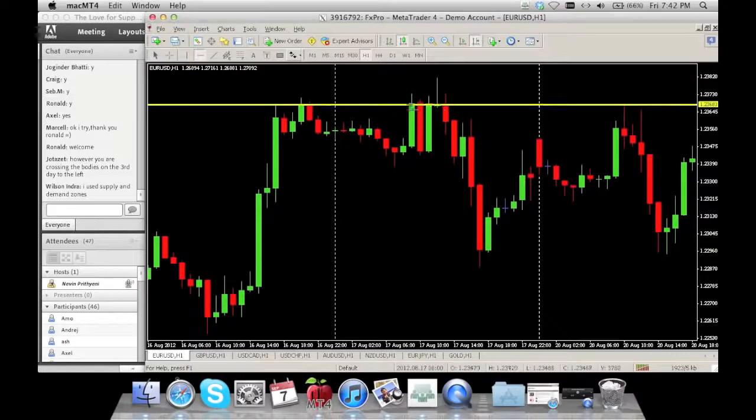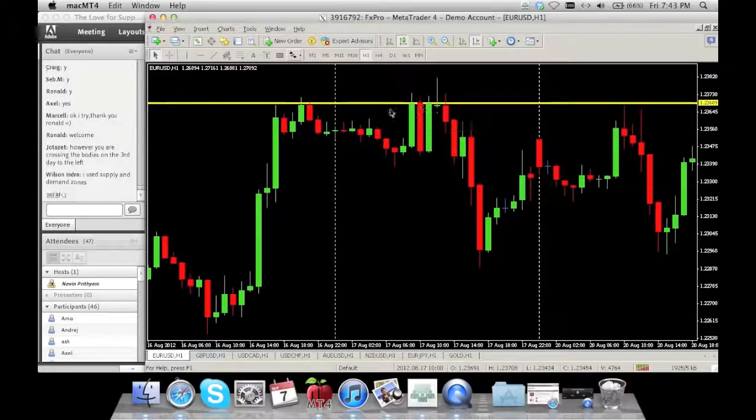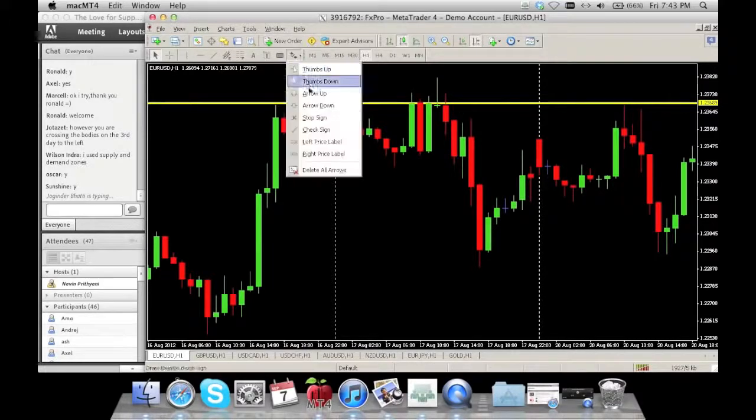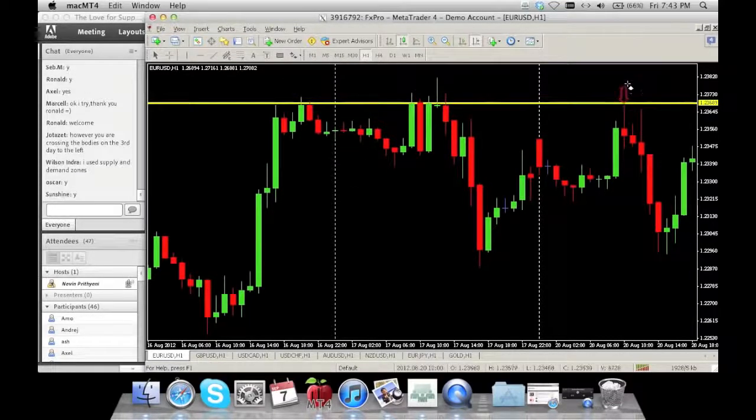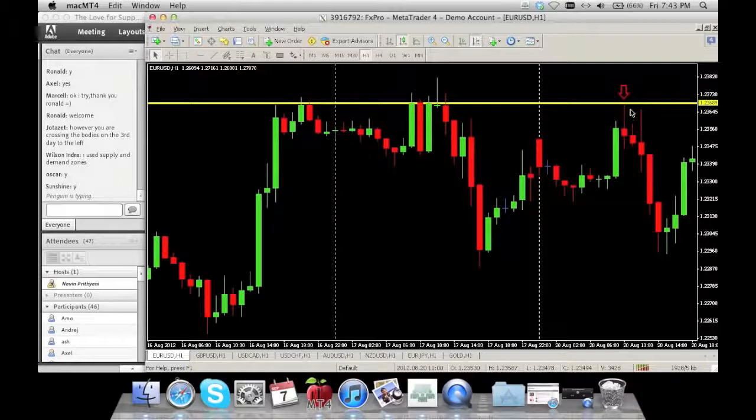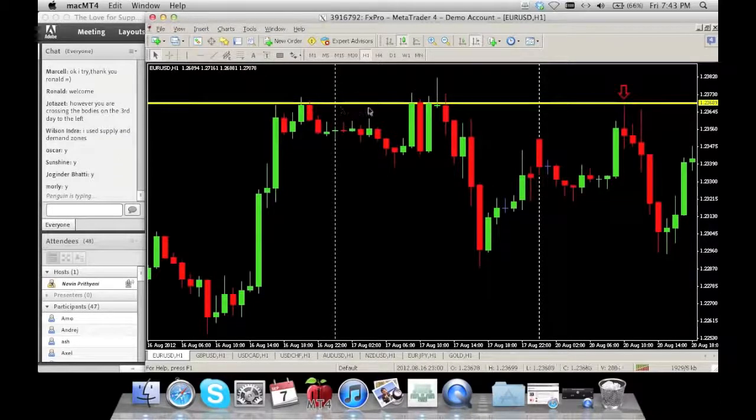Okay, everyone see how this resistance is drawn? No body outside of it. It held true again in the future. No body outside of it.